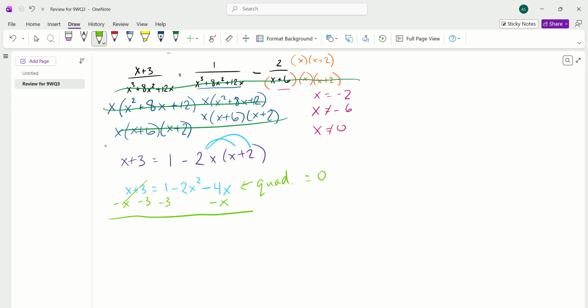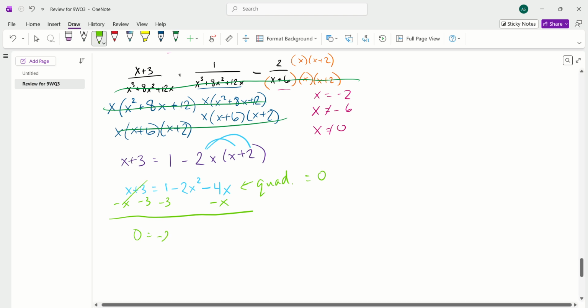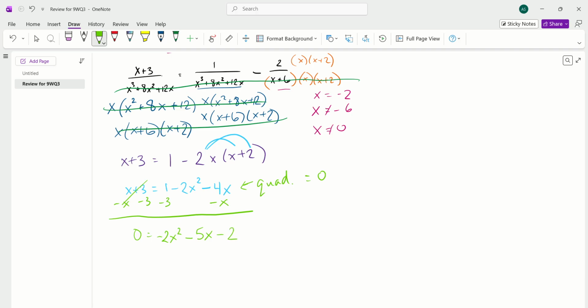These cancel. And I'm going to rewrite this in the standard form with the x squared term first. And I'm going to get this as my quadratic. Now, this is the type of quadratic, if you're going to solve this by factoring, where you'd have to multiply the first number times the last number.